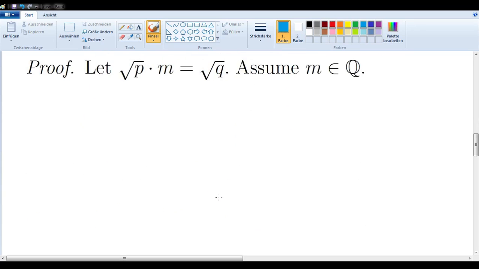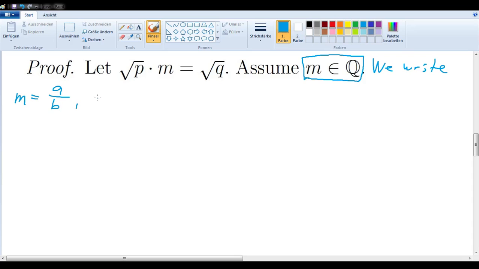So we want to prove this by contradiction. We will first assume that m is a rational number and try to create a contradiction. So we can write m as being a fraction, since it's a rational number.